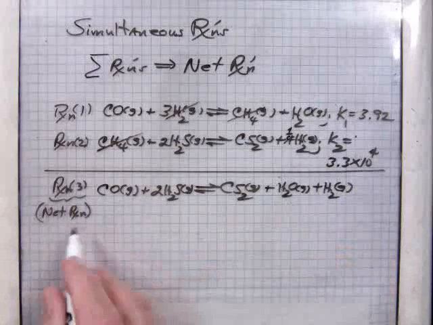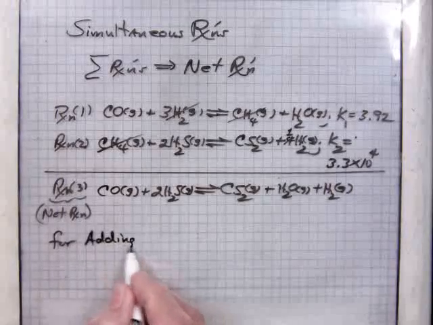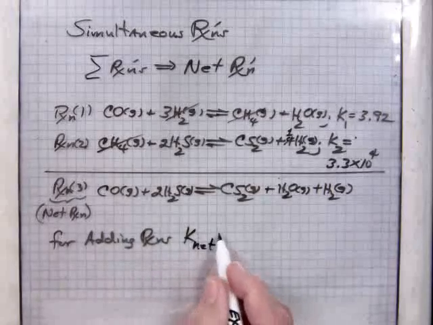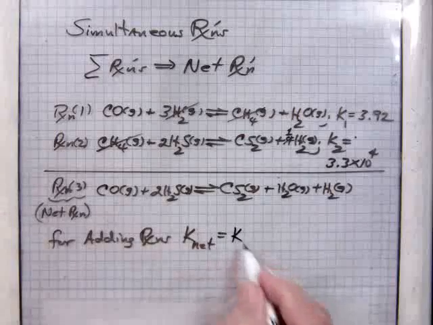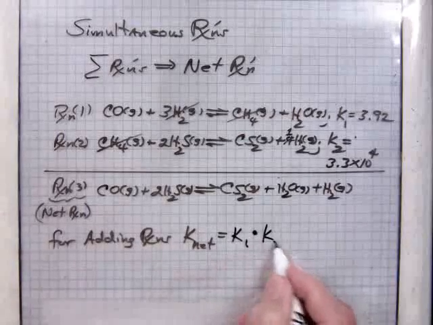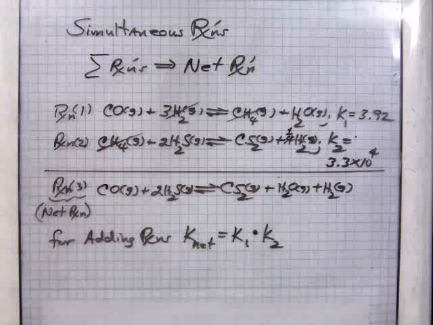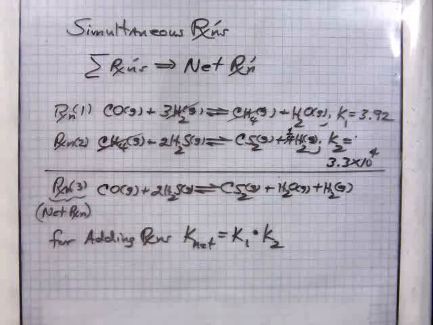Okay, so there's your equilibrium equation that we need a K value for. Well, for adding reactions, the K net is always the product of the individual K values. K1 times K2 that you're adding together. And if you had 3, you'd add 3 Ks. In the energy section, when you get to it, I'll show you how to add reactions together. Some of those problems have 3 reactions you're adding together, so they would also have 3 K values.